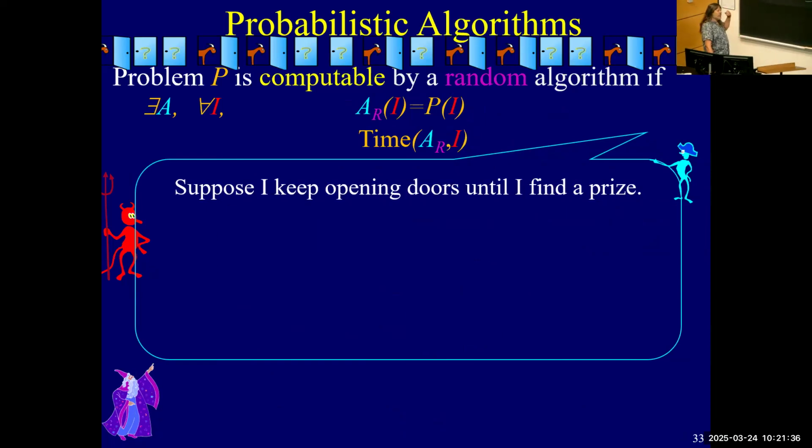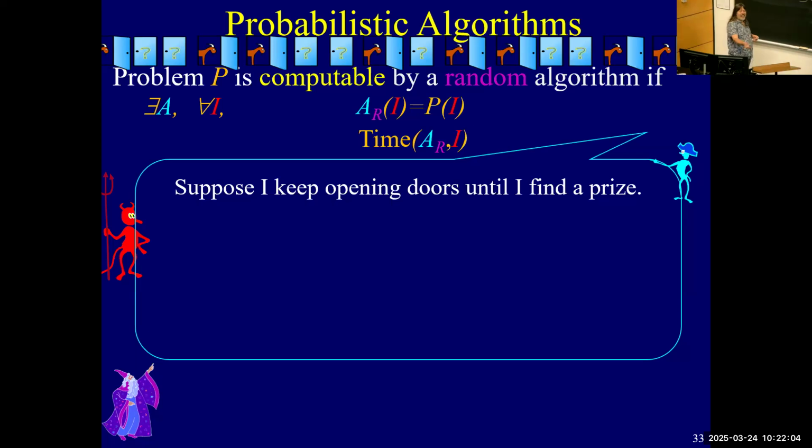All right, so now what we're going to do is keep opening doors, and we're going to stop when we find a prize. So here's a fun problem. Think about what's the expected number of doors that I need to open. Anybody have an idea? Let me ask a problem that might be easier, and the reason it's easier is actually because it's harder.